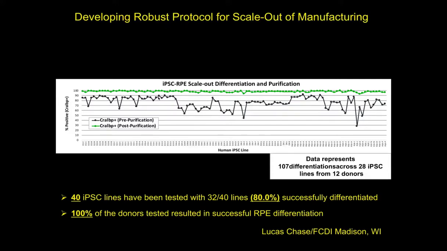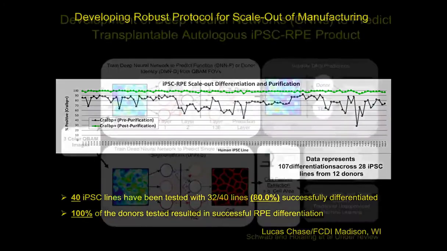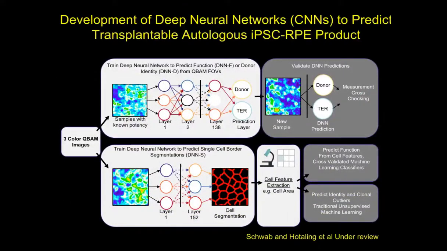Now, another important feature as we are making cells for transplantation in patients is how do we qualify that the cells are good, that they're ready for transplantation? To do that, we developed a neural network that would allow us to predict transplantable RPE products. The way this works is that we use what is called quantitative bright field microscopy.